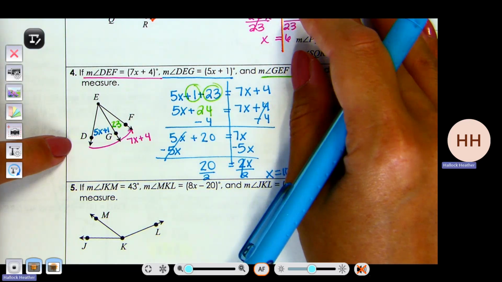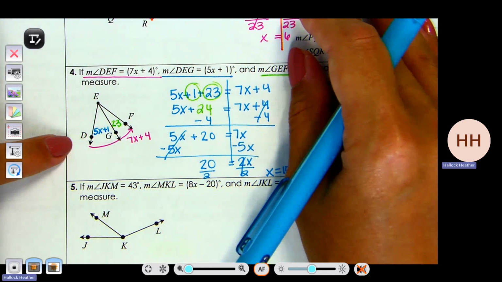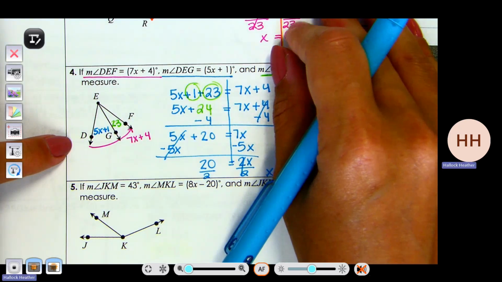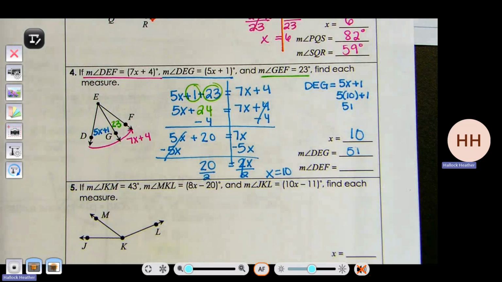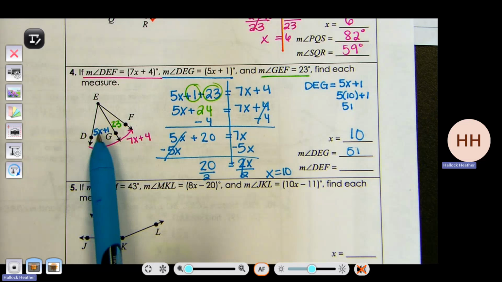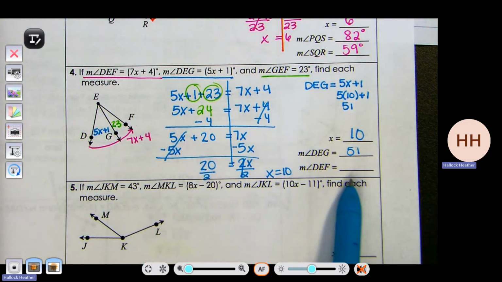You should be trying, not just copying. Okay, what do we get? Yeah, 51. Okay. So if that's 51, you could plug 10 into the other one and just multiply and add. Or you can think if this is 51 and that's 23, what do I get no matter what? 74.